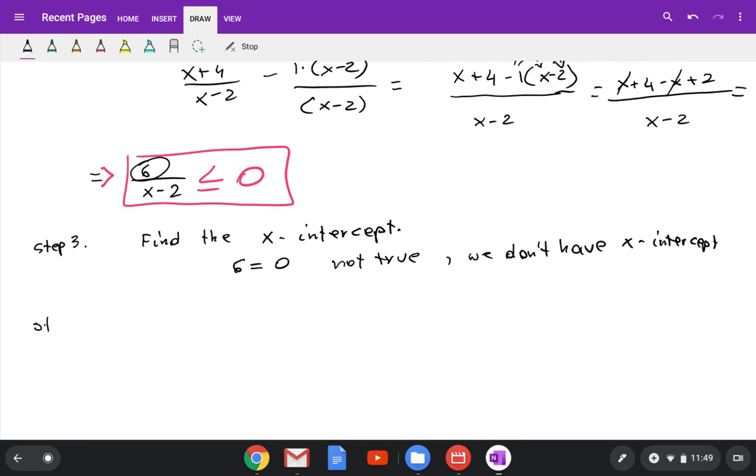Step 4, find the undefined value of our inequality.